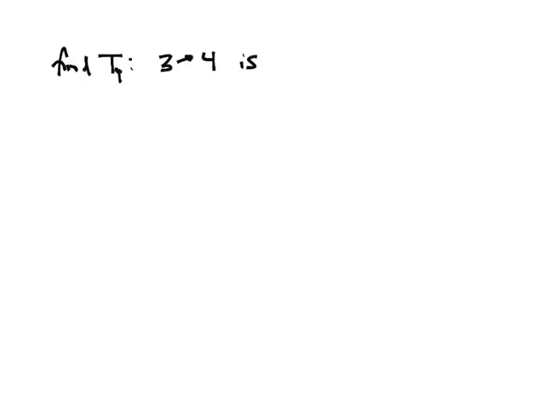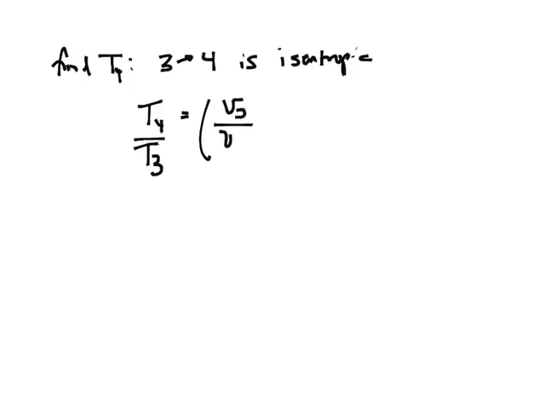We're going to use what we know about the processes to march our way forward. 3 to 4 is isentropic. So we're going to go back to those ideal gas relations for isentropic processes. T4 over T3 is V3 over V4 raised to the k minus 1.